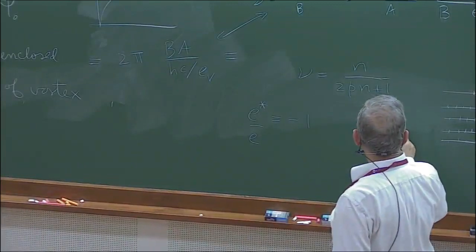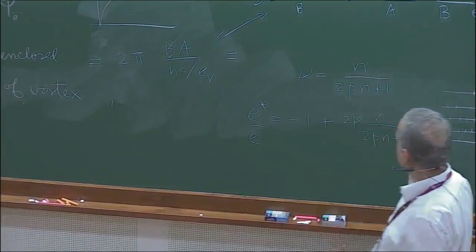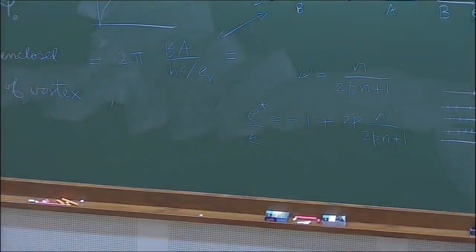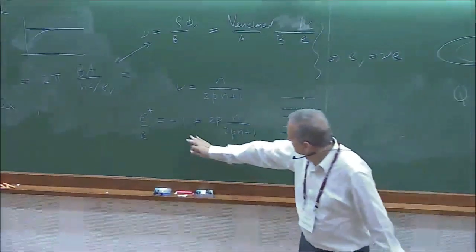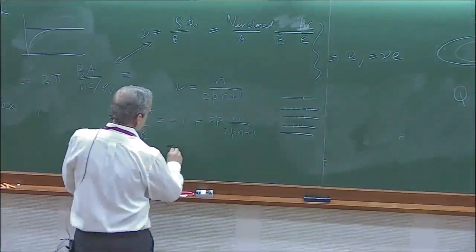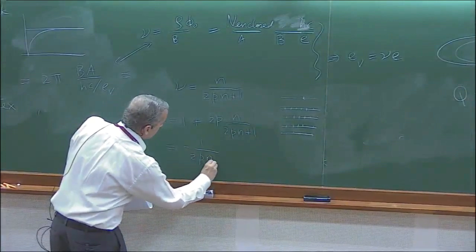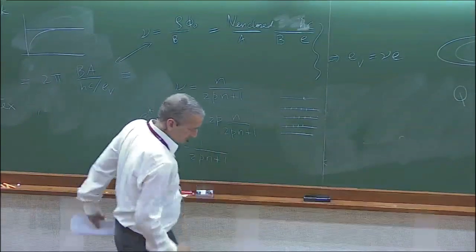So this is an electron plus the charge of 2p vortices, and that gives me -1 over 2pn plus 1. So that's the fractional charge of a composite fermion.